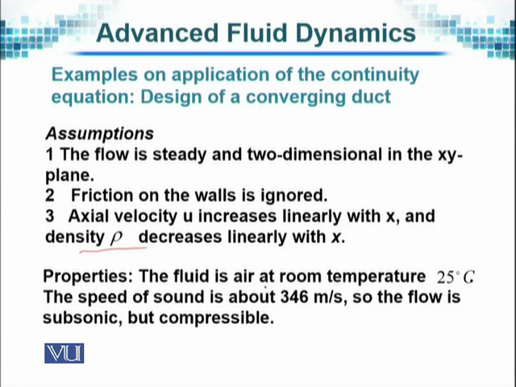The axial velocity u increases linearly with x and the density rho decreases linearly with x. So these are again the given conditions to us. Rho is supposed to be decreasing linearly with x from a higher initial value, while the velocity increases from its initial position to the place where it exits the duct.